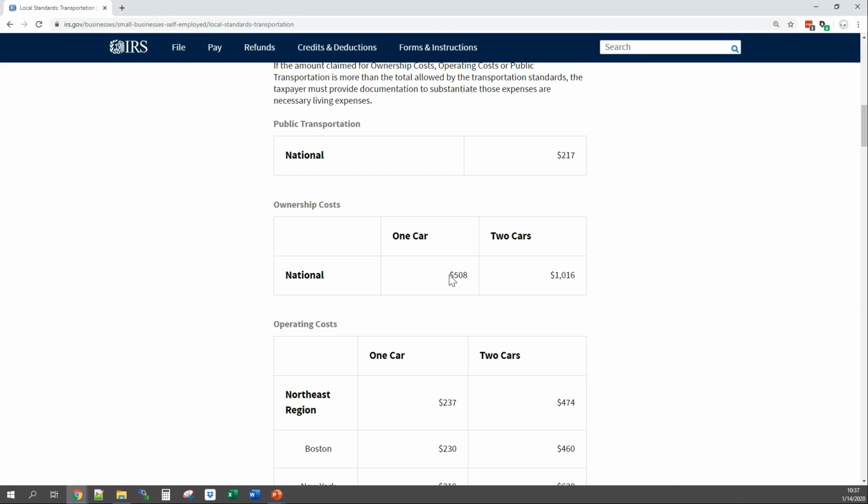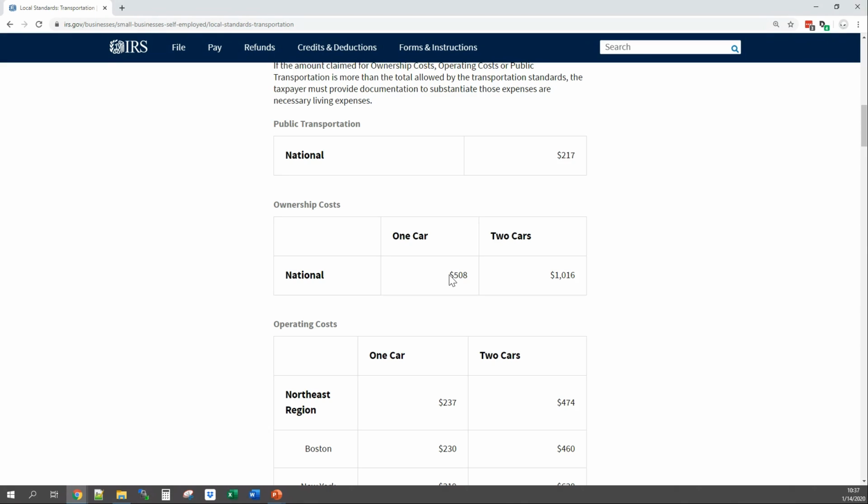They're not allowed the full $975. The $508 per car is a cap on the monthly loan or lease payment. This is unlike the lump sum national standard for food, clothing, miscellaneous, and the out-of-pocket healthcare standard, or the public transit standard, where it doesn't matter what they actually spend, they get the full amount. This one's different. It is a lesser of standard.